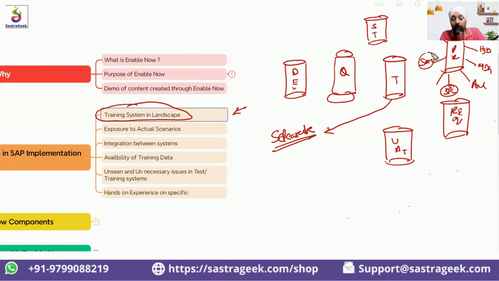More than 15 different applications. And if you want to give a user a very good hands-on experience, you need to connect the training system with all these different applications.